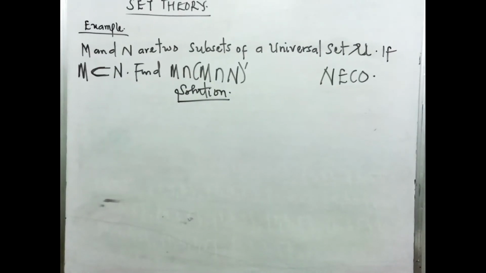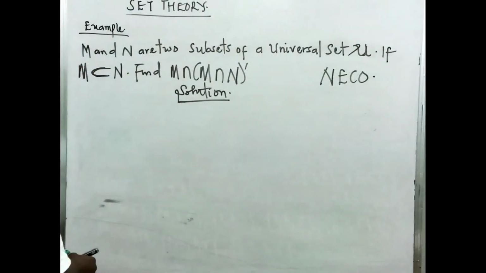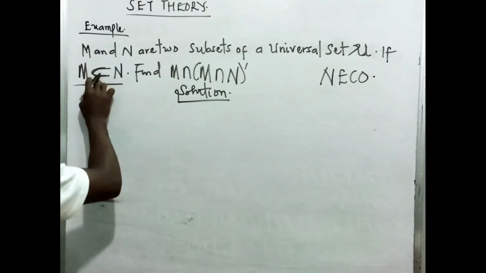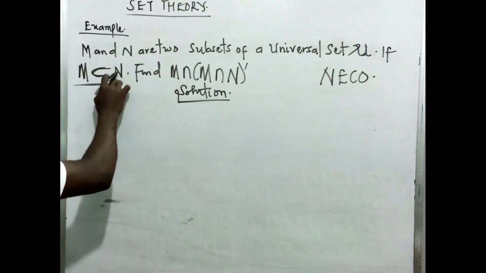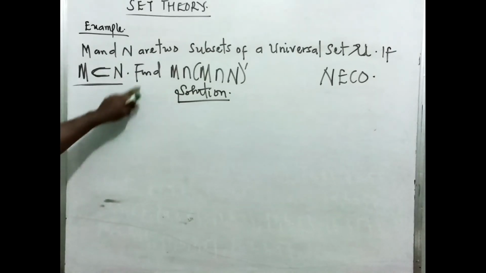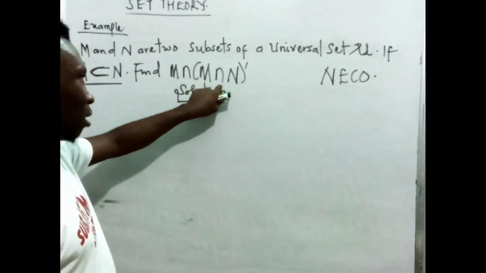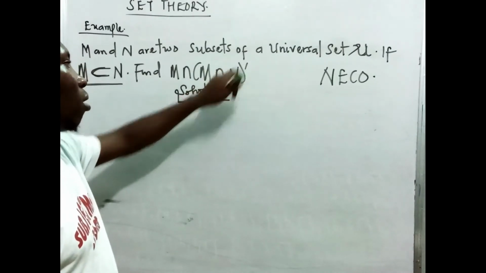Now, look at this question: M and N are two subsets of a universal set U. If M is a subset of N, find M intersection N complement.